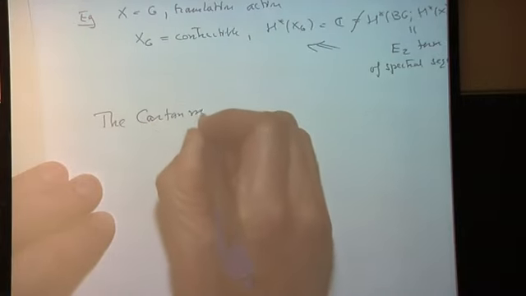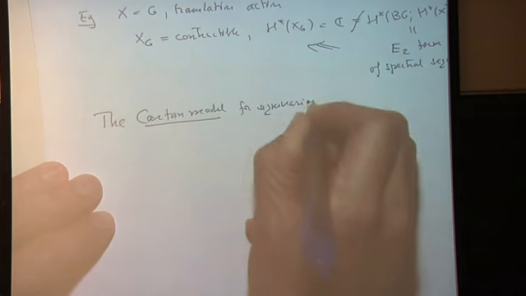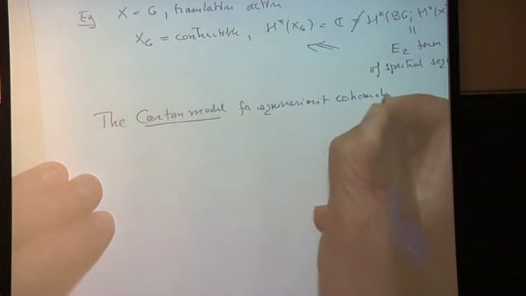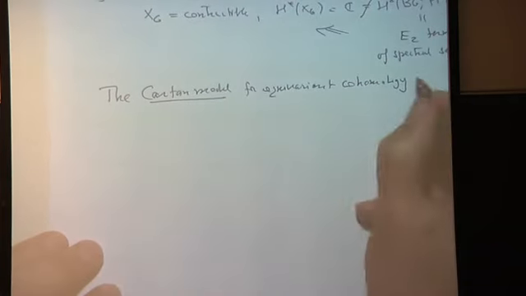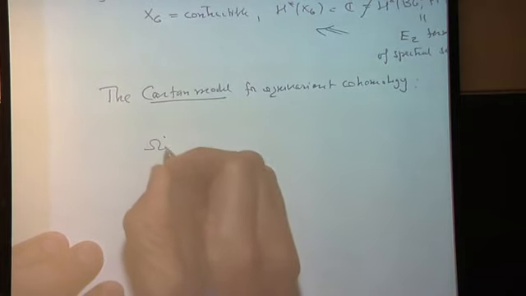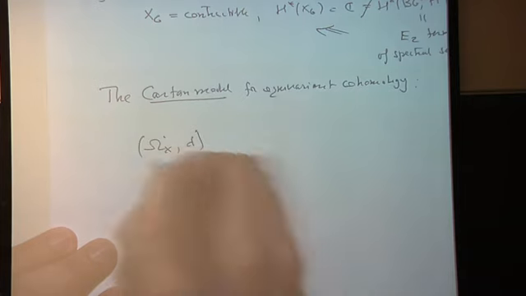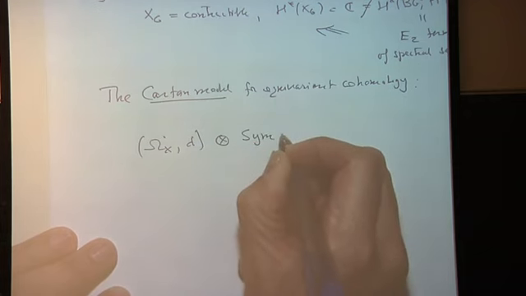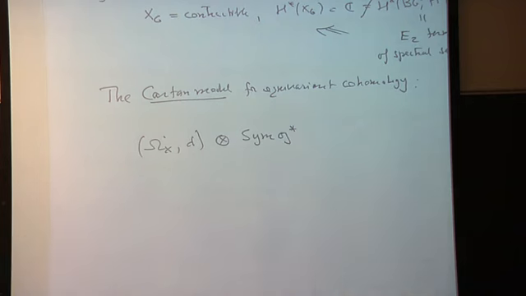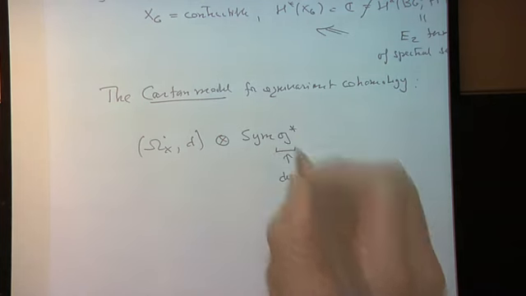And what is called the Cartan model for equivariant cohomology allows you to compute the equivariant cohomology just from the data I wrote. So what you do is the following. You take your complex, omega of X. You tensor with, let's say, Sym of g star, where g star is in degree 2.